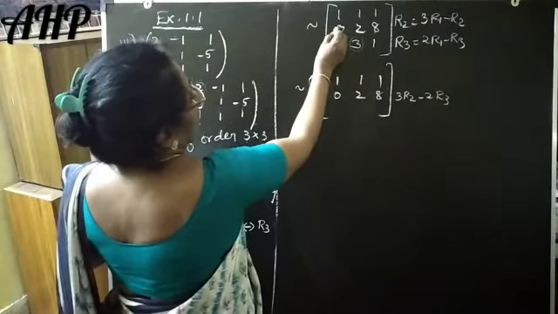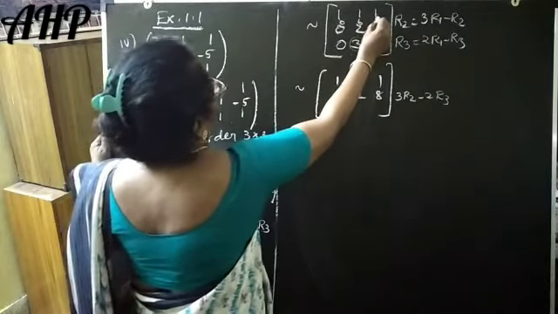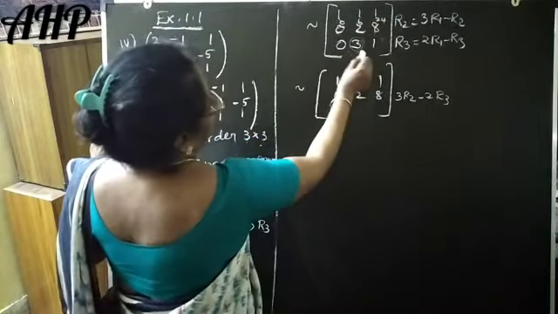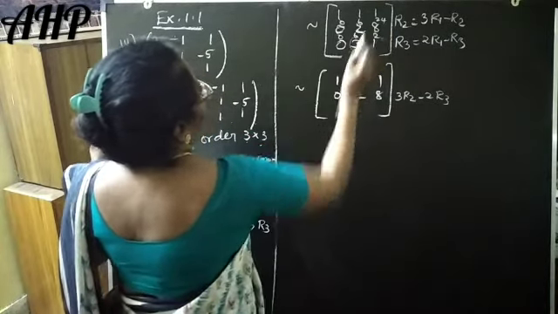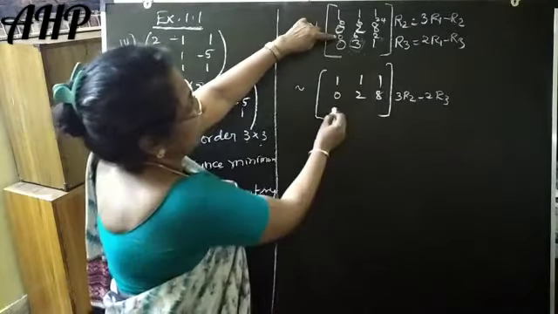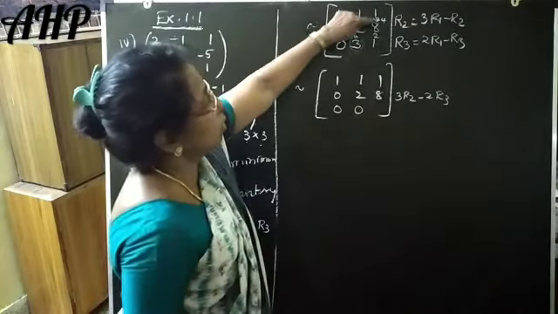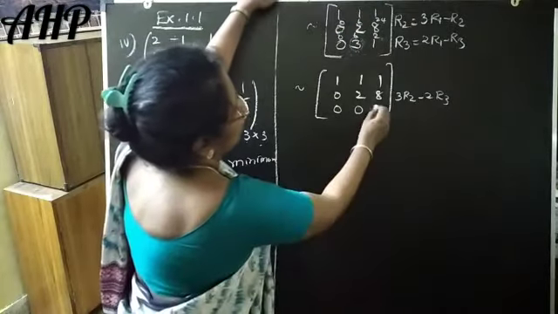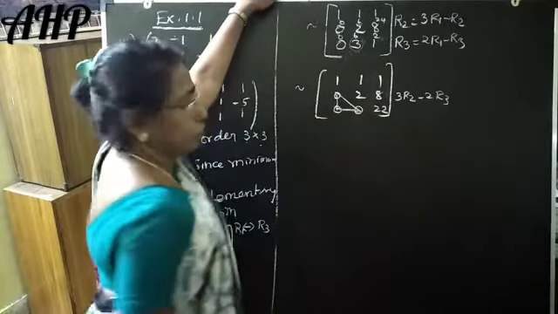So you multiply this by 3, you get 0, 3 2s are 6, 3 8s are 24. You multiply this row by 2, you get 0, 2 3s are 6, 2 1s are 2. So now you subtract: 0 minus 0 gives you 0, 6 minus 6 gives you 0, 24 minus 2 gives you 22. Now this is in echelon form.